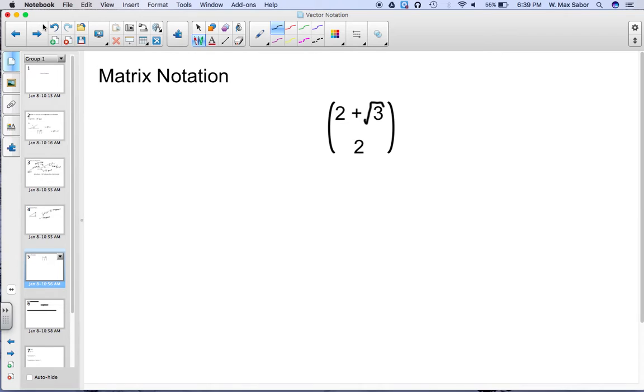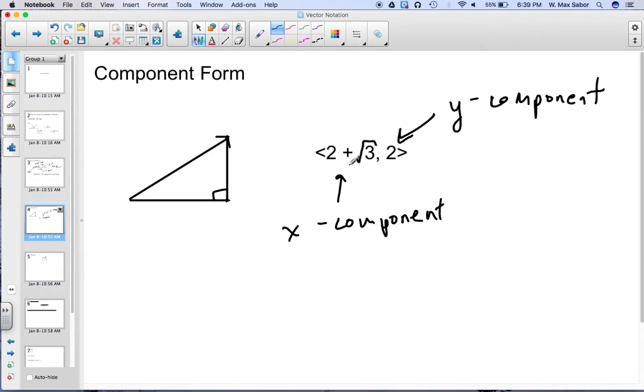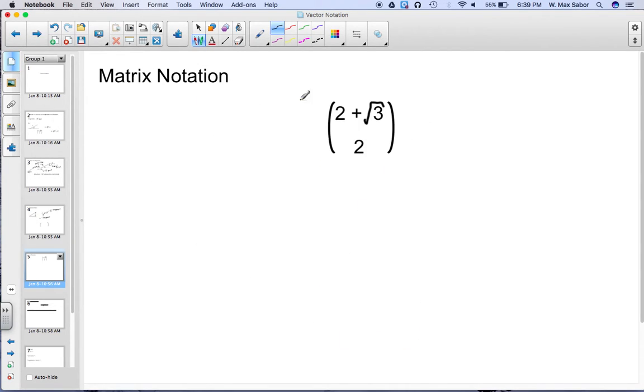Exact same idea, except with a matrix instead of the previous one that had angle brackets. These are not supposed to be less than or greater than signs. They're just always done with angle brackets instead of parentheses. A matrix notation, you know what a matrix looks like.